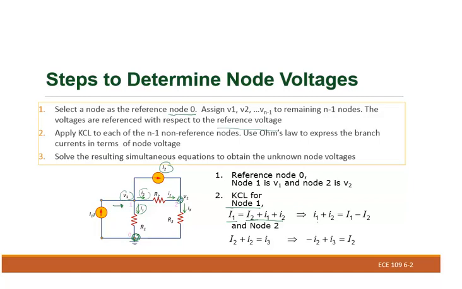If you modify this, we can leave lowercase i1 and i2 on one side. We can put the capitals on the other side because those are known current sources.